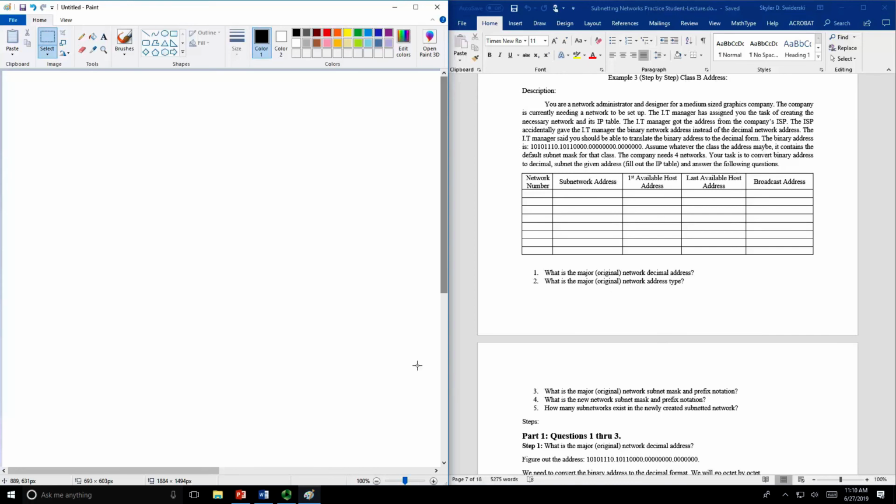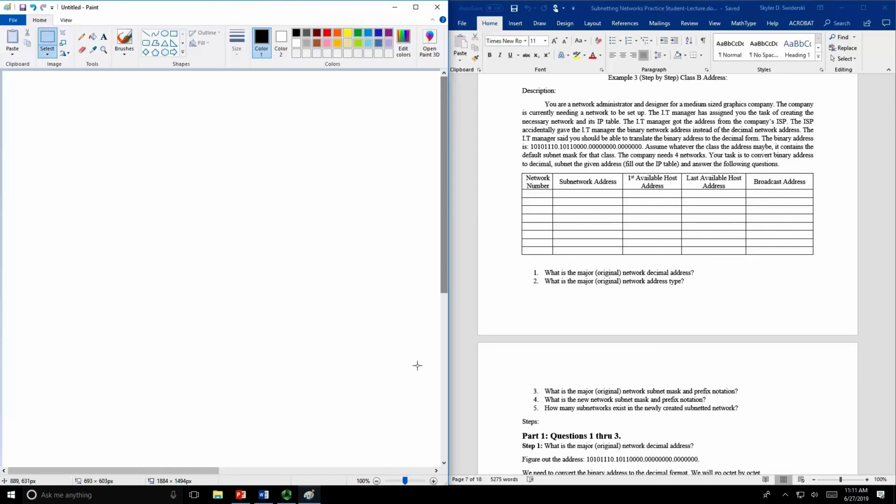The IT manager said you should be able to translate the binary address to decimal form. The binary address is 10101110.11001000.00000000.00000000, and the last two octets are all zeros.